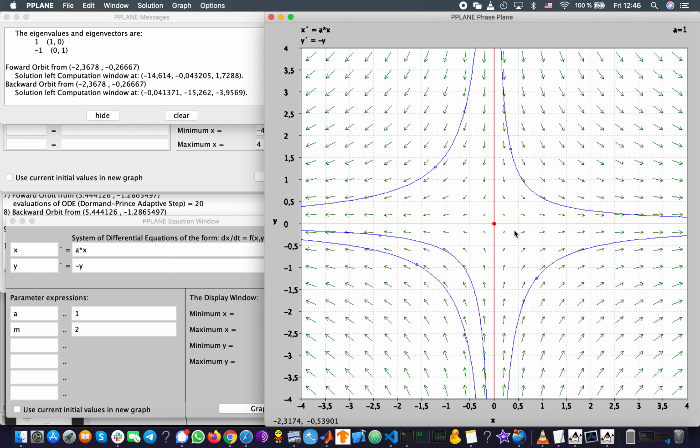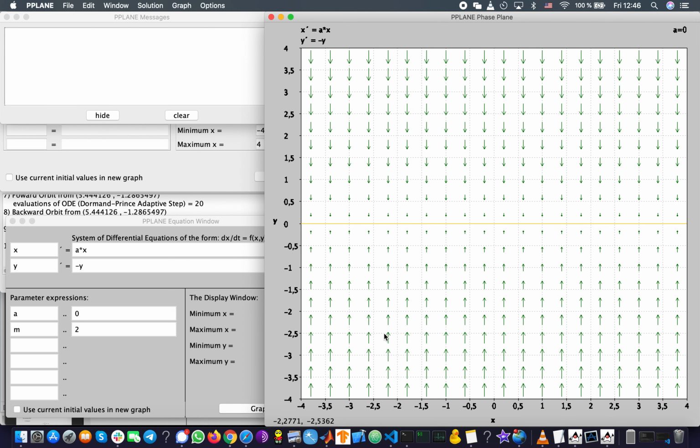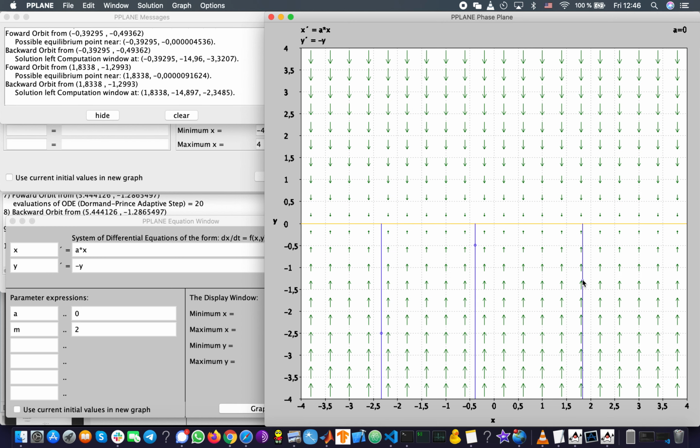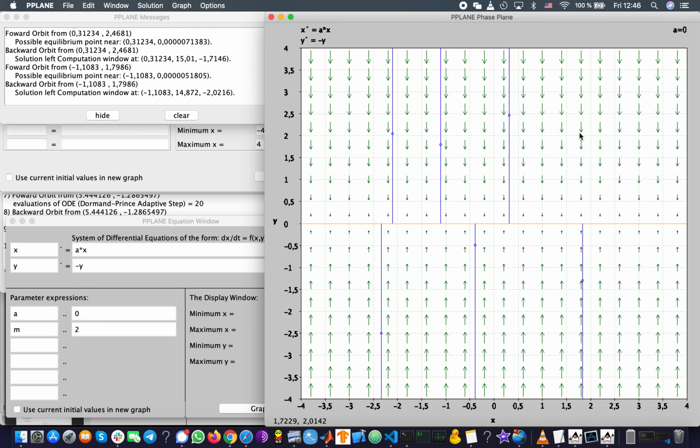And you can also talk about the other ones as well, right? So if a is equal to 0, you just have a null line that is all fixed points, and all the states of the system will just be absorbed to this null line.